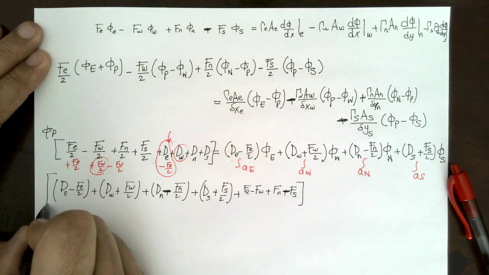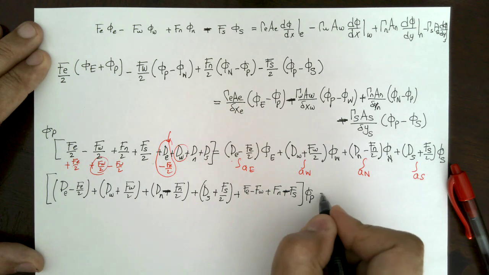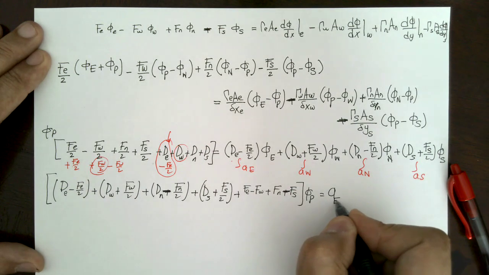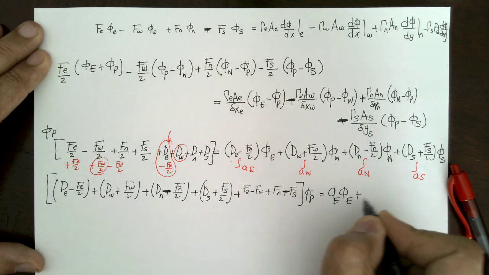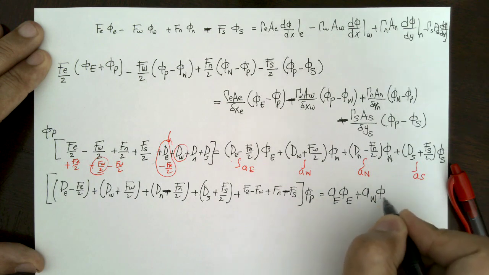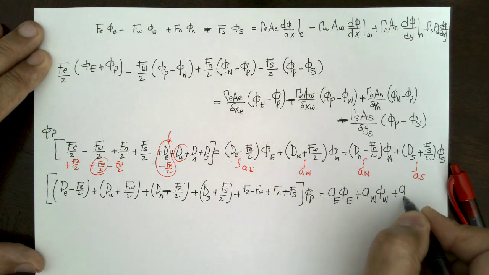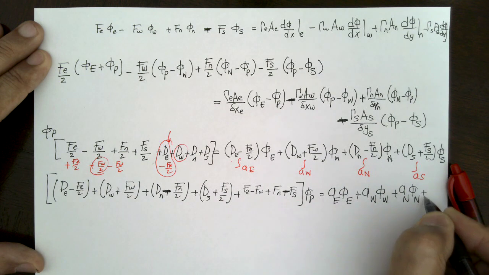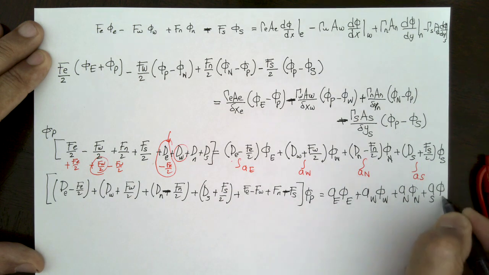This is totally multiplied by phi p. On the right hand side, I will have A east phi east plus A west phi west plus A north phi north plus A south phi south.